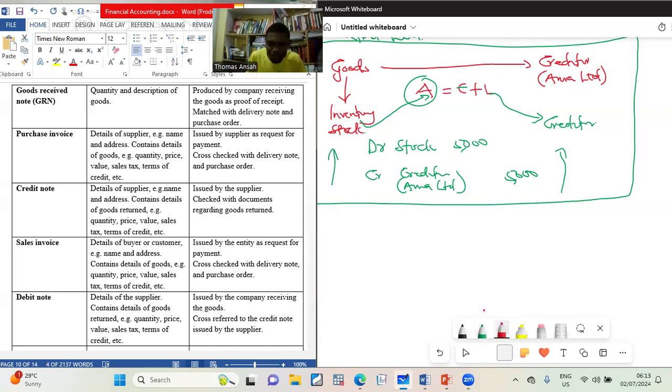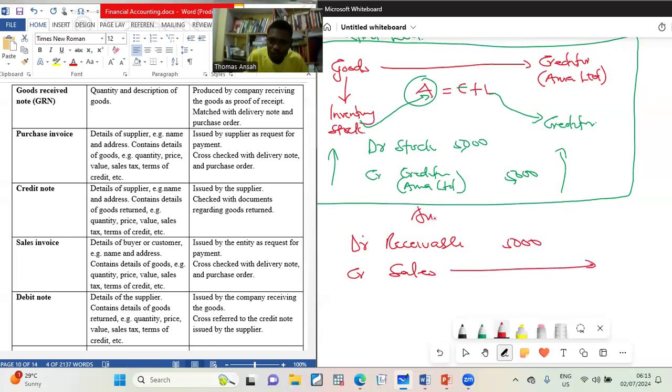So now, in the books of Ama Limited, where she thinks she has made the sales, she did a debit, receivables, and she has a credit. The credit that she has is the sales that she has done. So this is what she did. She has 5,000 to receive from us.